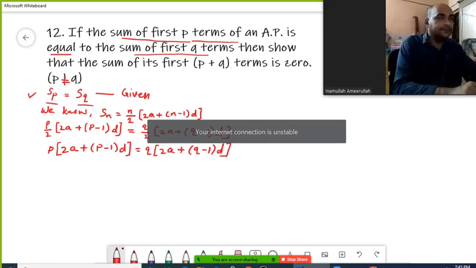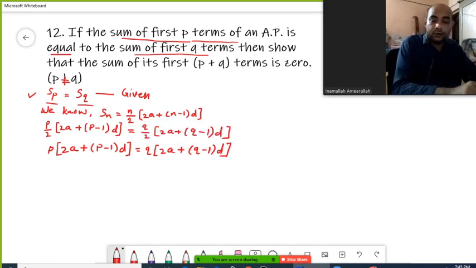Correct? So we divide both sides by 2. Now we can open the bracket. When you open the bracket, this p will multiply with all the terms. Here we have two terms within the bracket, 2a and p minus 1 into d, so p will multiply with these two terms.